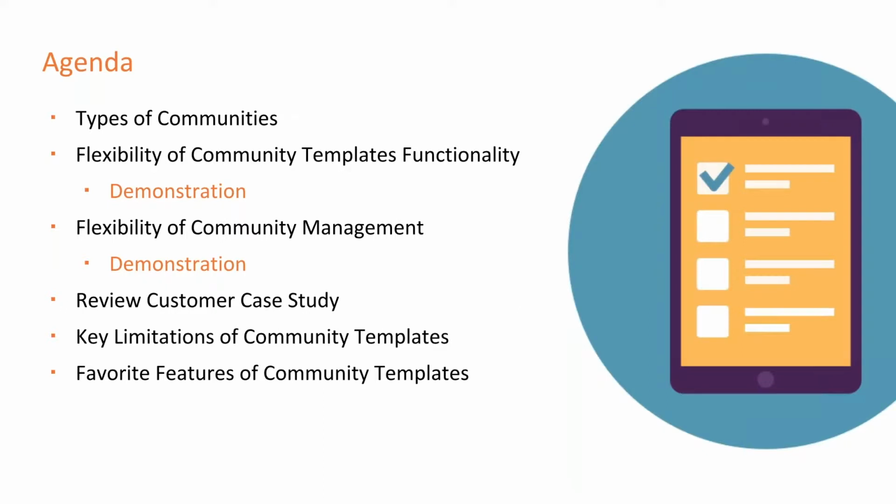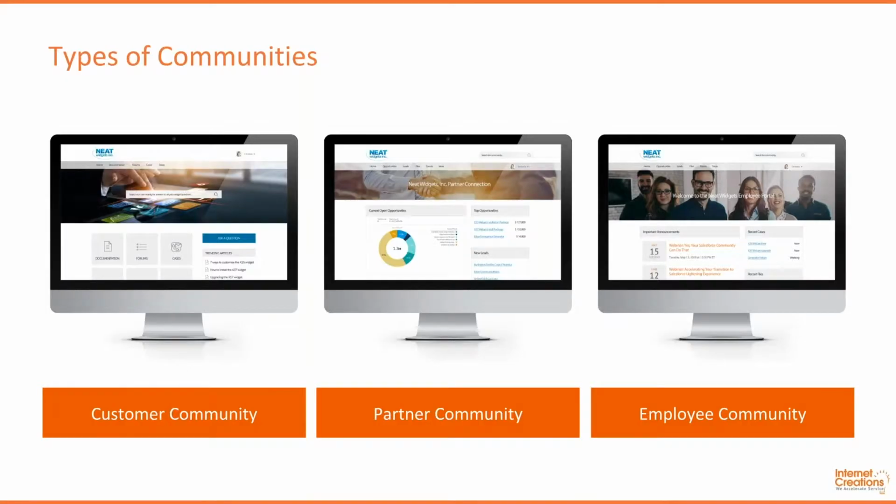Just so that we have a baseline of understanding, can you go over the three types of communities, Liz? Absolutely. So the types of communities are customer community, and that's what we're really going to focus on today for customer service, case deflection and cases, those sorts of things.